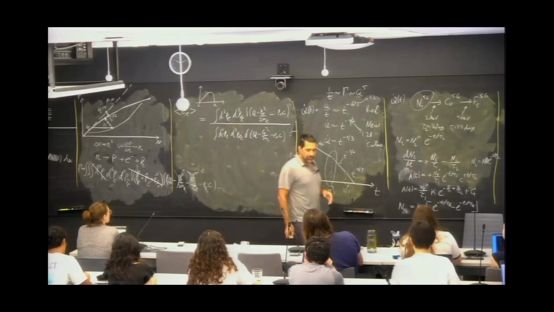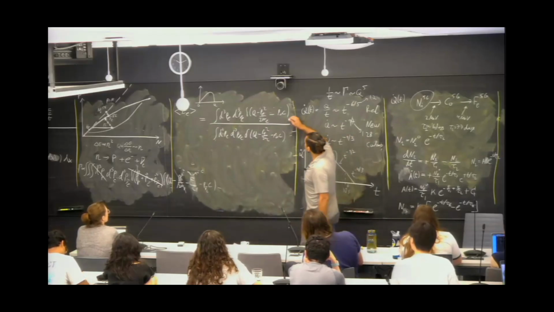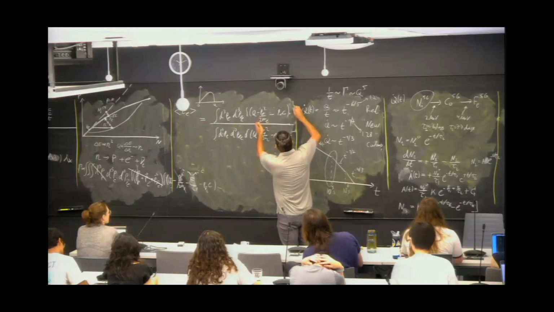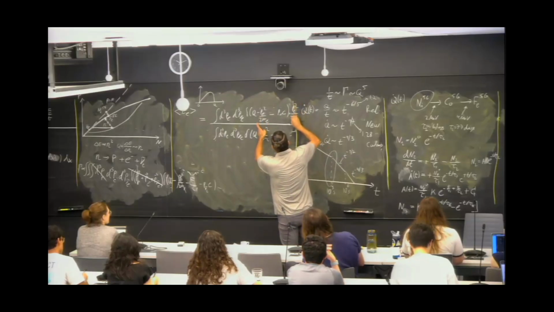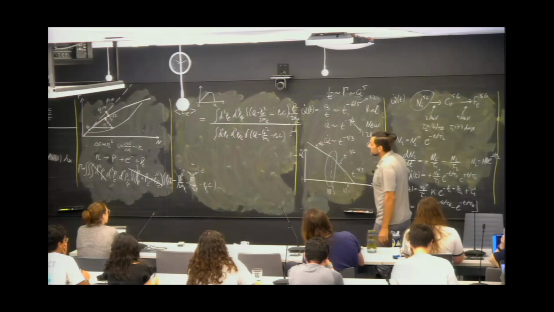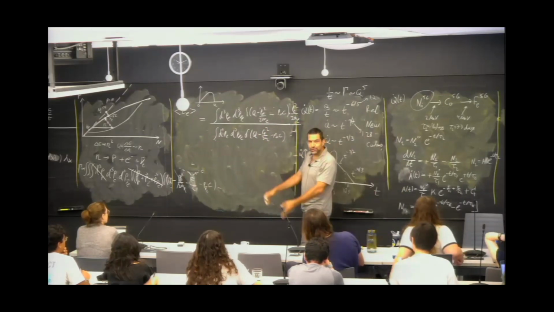What I've written here is 1. But if I want the average energy, I should multiply here by the energy of the electron, which is p squared over 2me. So this is the average energy of the electron.